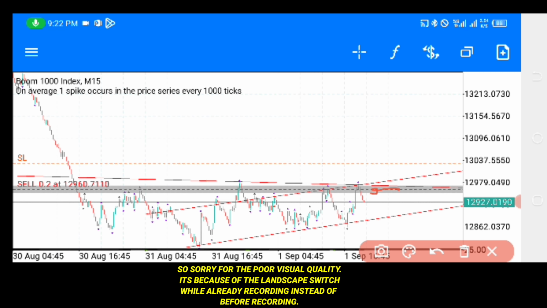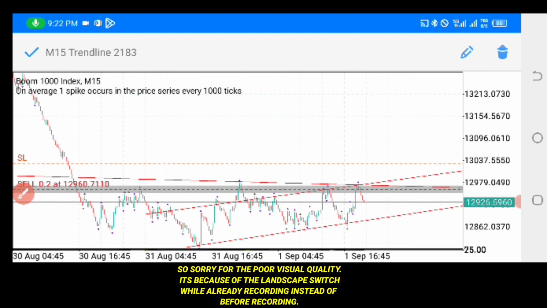rectangle running through, identifying that resistance level, right? And then you're also going to be seeing this trend line, okay? And this is a trend line as well. Maybe I should change the colors so that you have a better view and understanding of what I'm talking about.